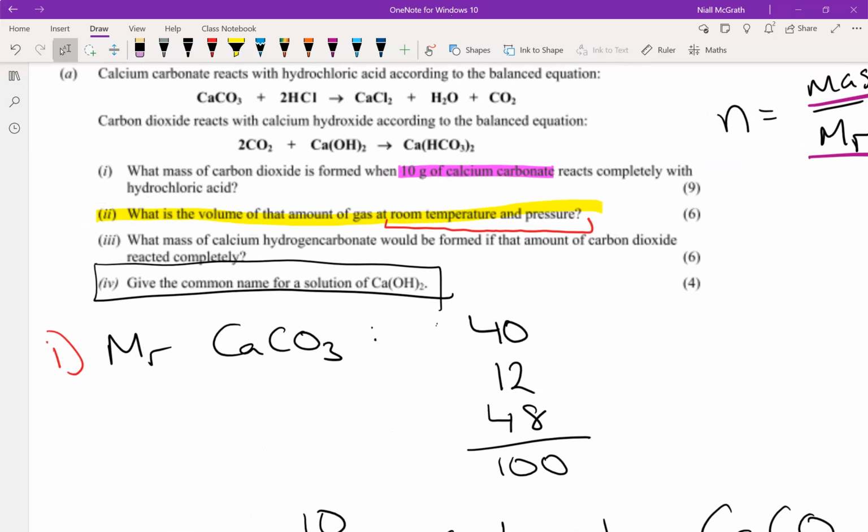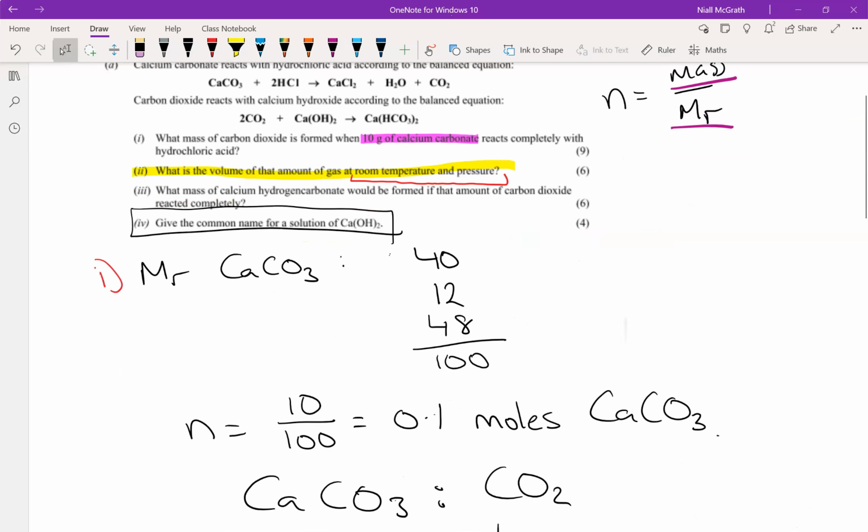We're not really at the point yet of knowing the names of many compounds. We will get to know them over time. It's more so just seeing them, and we will know that OH is a hydroxide group, so calcium hydroxide for that. But we won't be worrying too much about that at this point. More so the calculation is what we're looking for here.